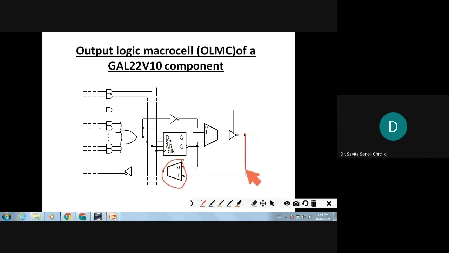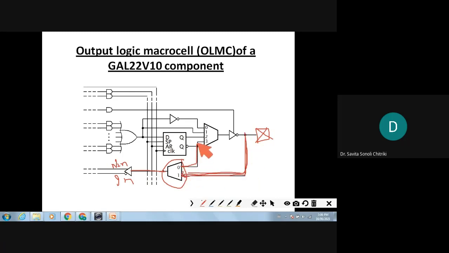One is the output fed back directly, whatever is coming from the output. So if you want the feedback, the output comes directly from the output. See here, either it will be inverted or non-inverted. One is directly coming from the pin.